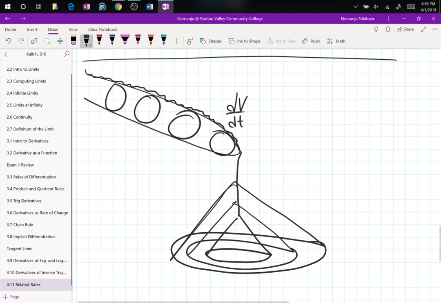You are going to dump that much onto the conveyor belt, and then it's going to start coming off of the conveyor belt onto the pile, so you can measure the volume that is coming in. What else can you see? You can see the radius over here. Then there is a height, h, and both radius and height are changing according to dh/dt and dr/dt.